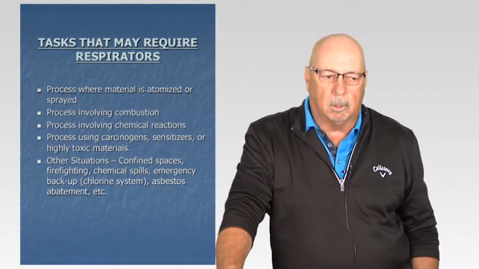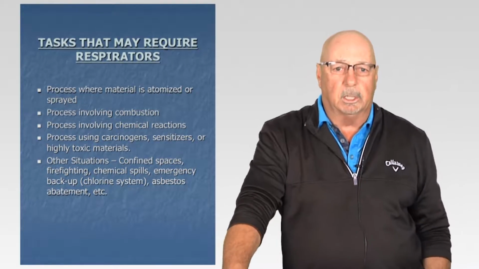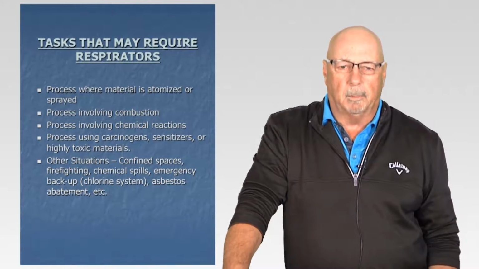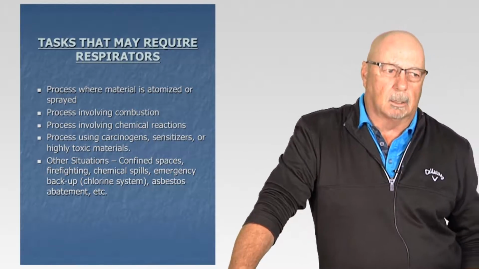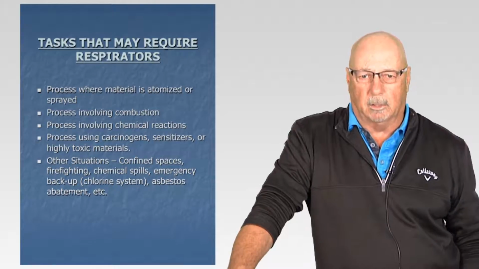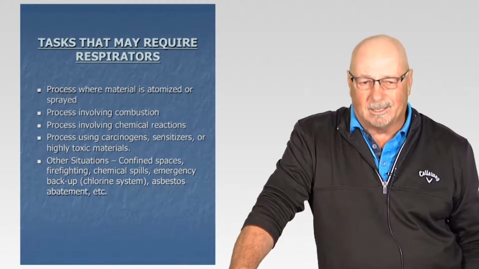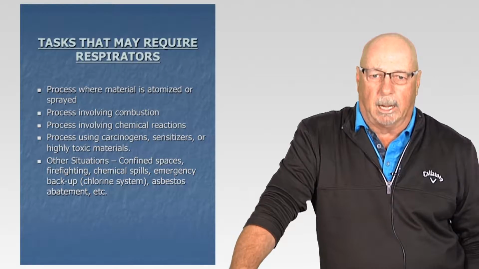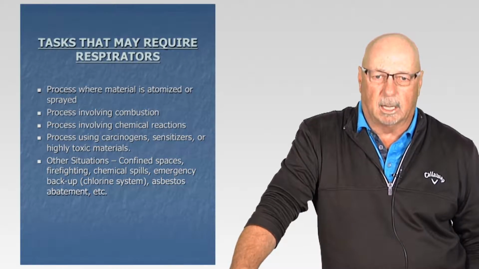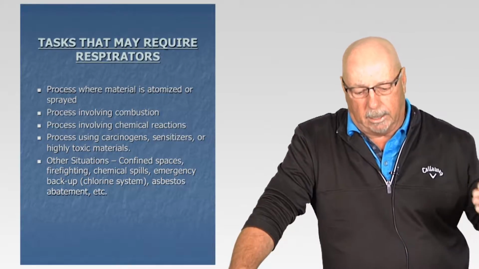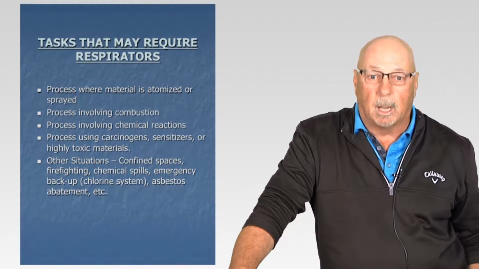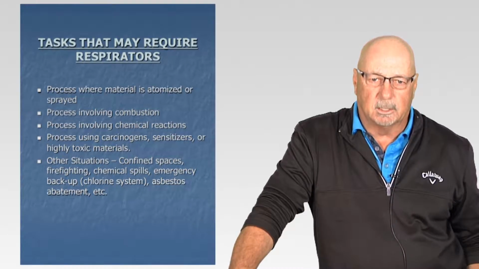Sometimes in certain types of industries, employees have the potential of coming in contact with materials that are carcinogens, things that will cause cancer, or things that are sensitizers where they can do cellular damage in the body and cause sensitization to that chemical product, resulting in an adverse health response as a result of that sensitization.